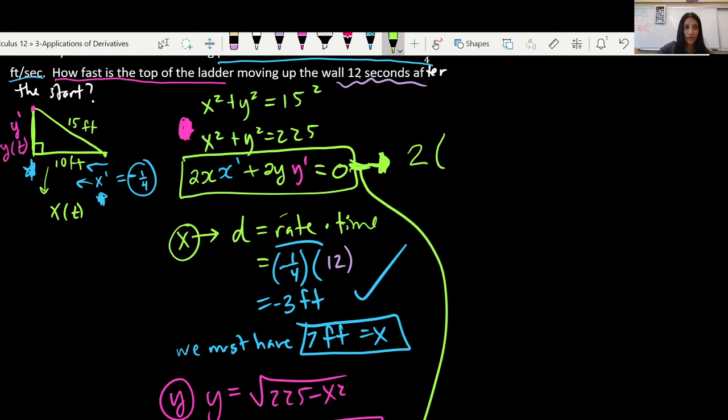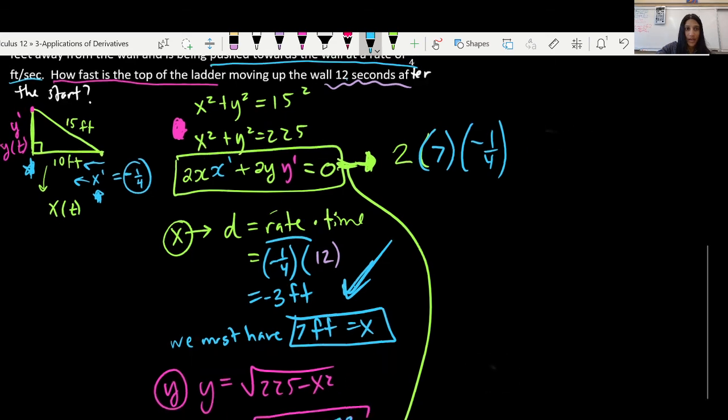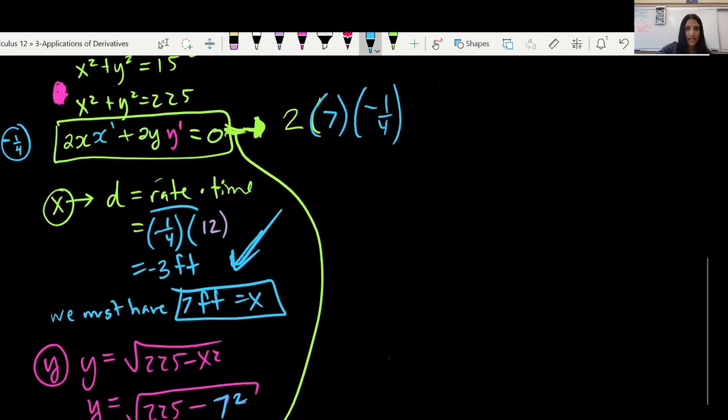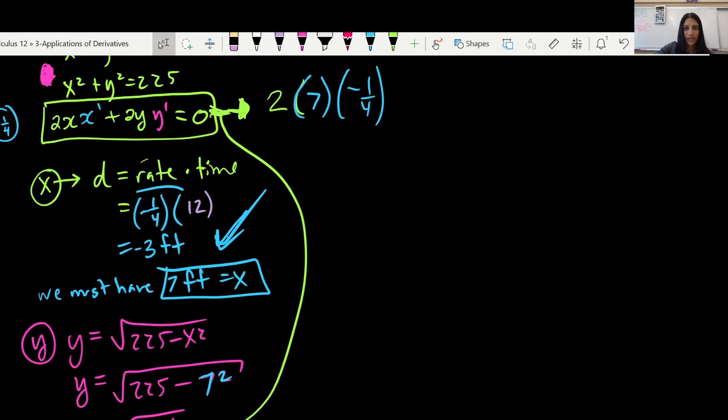So we have 2 times our x value, which we found here in blue to be 7, times our x prime, which we know was negative 1/4. Okay, I'm going to move this aside so you can see this part clearly.